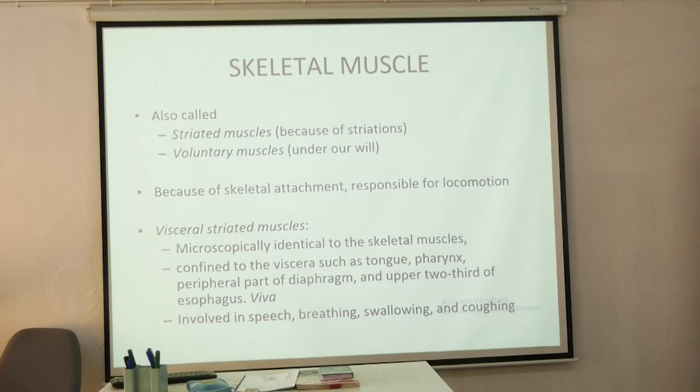I have demonstrated a stomach. You will have a tongue. A beautiful slide of tongue is there. You just view it, and whatever you see in 10x magnification, you will be.